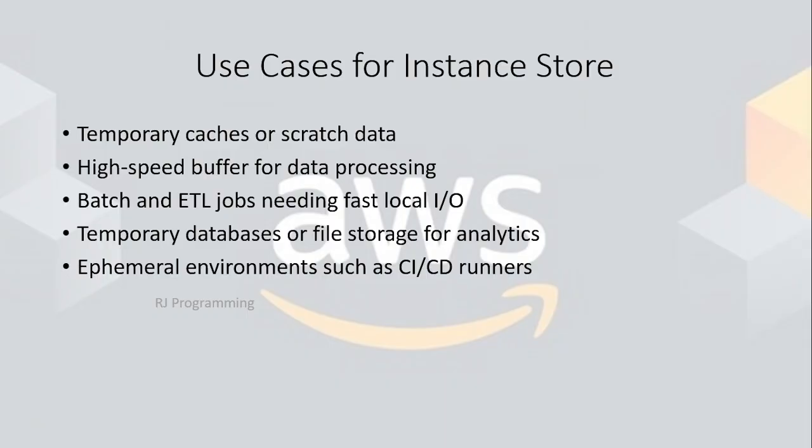Some analytics systems use Instance Store for temporary databases or local file systems where data can be recomputed or reloaded easily. And finally, in CI/CD pipelines, Instance Store volumes are perfect for build agents or test runners that only exist for a short period. Since these environments are destroyed after use, persistence isn't necessary; performance and cost efficiency matter more.